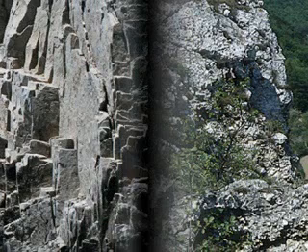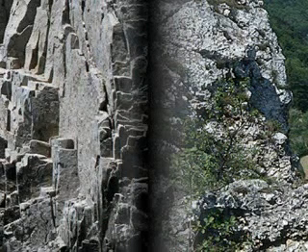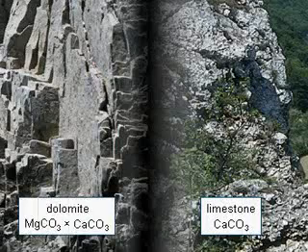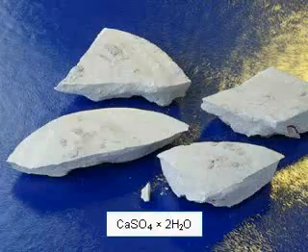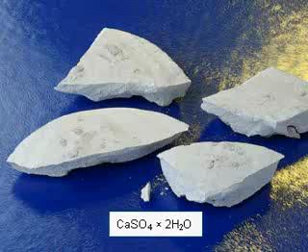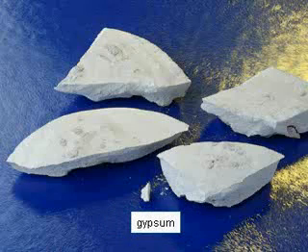For example, the commonly occurring calcium carbonate and magnesium carbonate are the main constituents of sedimentary rocks, limestone and dolomite. Hydrated calcium sulfate occurs in nature as the mineral gypsum, used in surgery for making casts for protecting fractured bones.